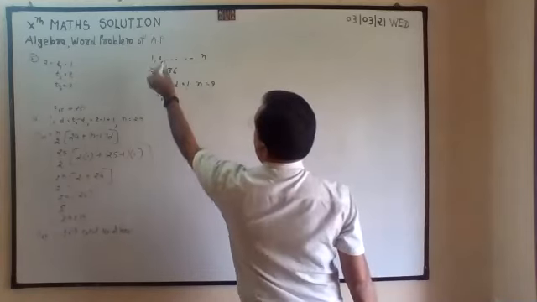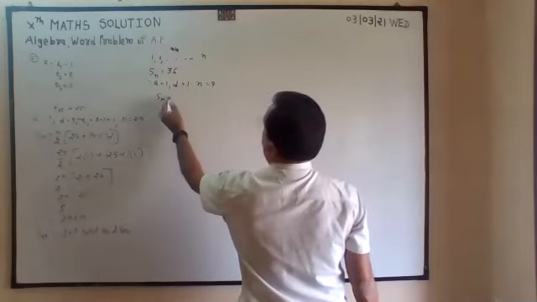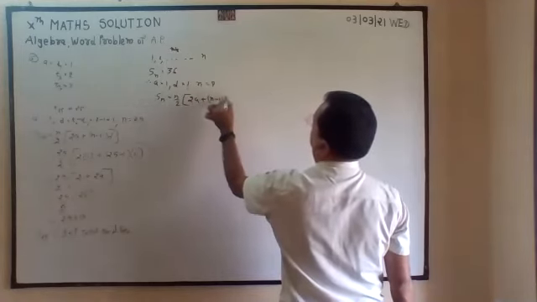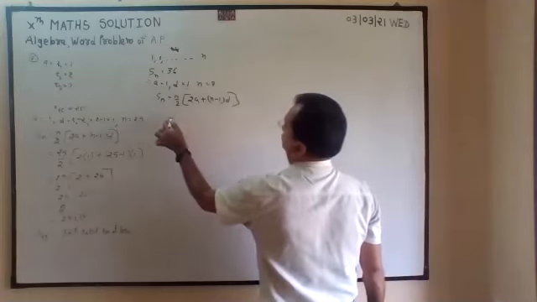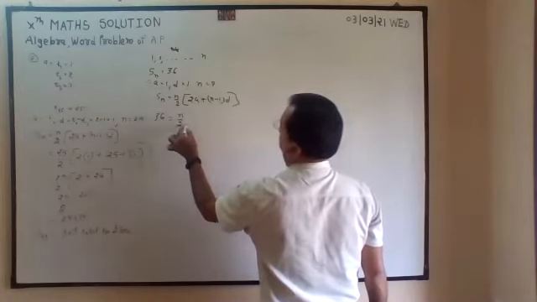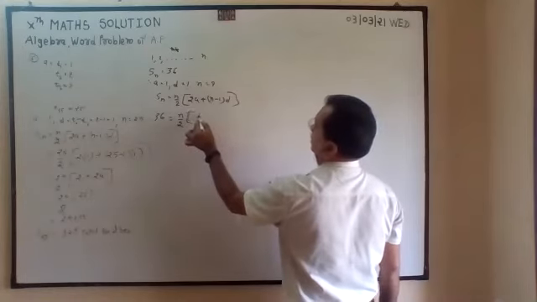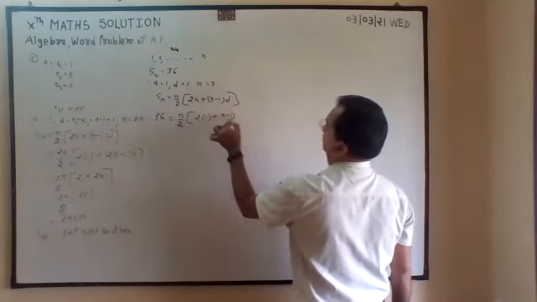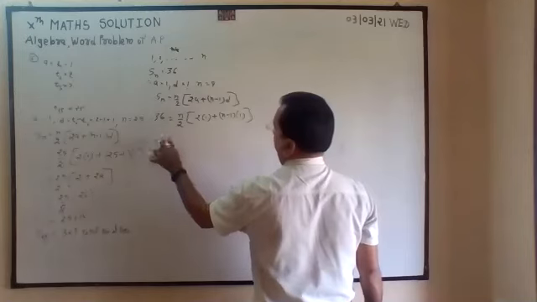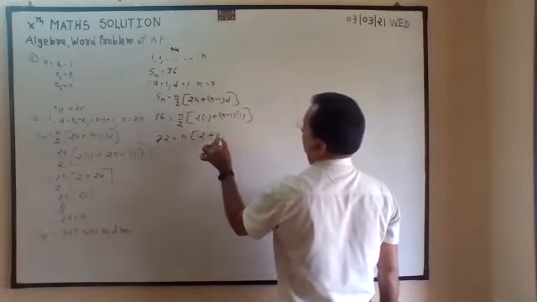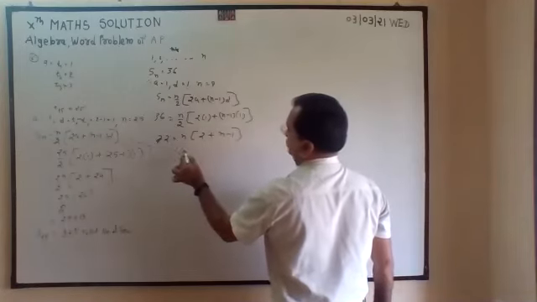So Sn is equal to n by 2, 2a plus n minus 1 d. So Sn is 36, n by 2, 2a, n minus 1, d is also 1. So 36 twos are 72 is equal to n, 2 plus n minus 1.